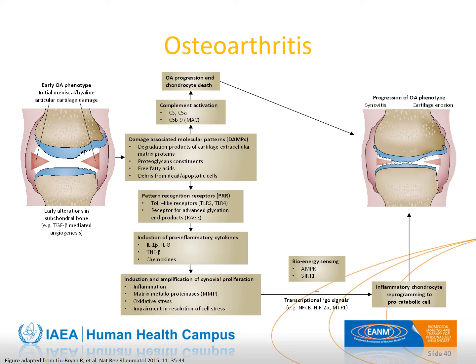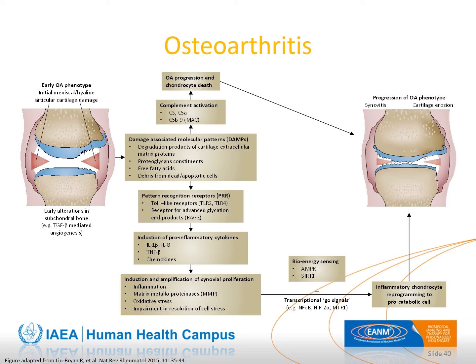First, through activation of the complement system, where the classical, alternative, and membrane attack pathways will lead to progression of osteoarthritis and chondrocyte death. Paradoxically, this process will in turn lead to an increase in DAMPs, amplifying the process. Secondly, DAMPs are able to bind to pattern recognition receptors, or PRRs, including the toll-like receptor family and RAGE.